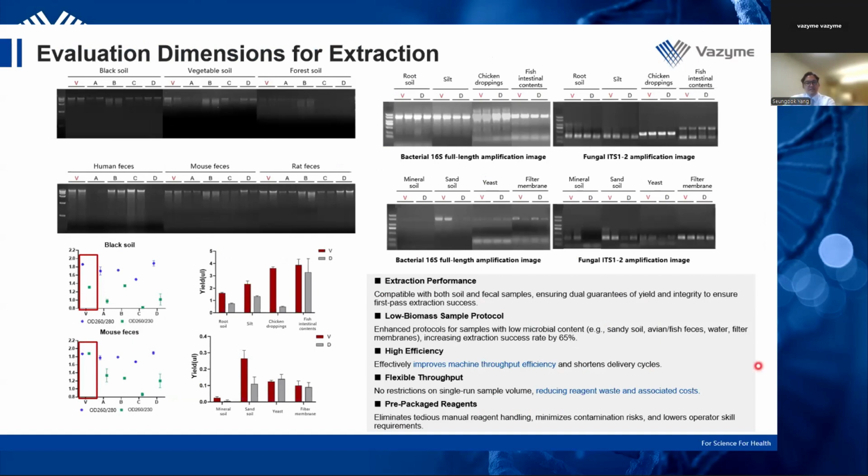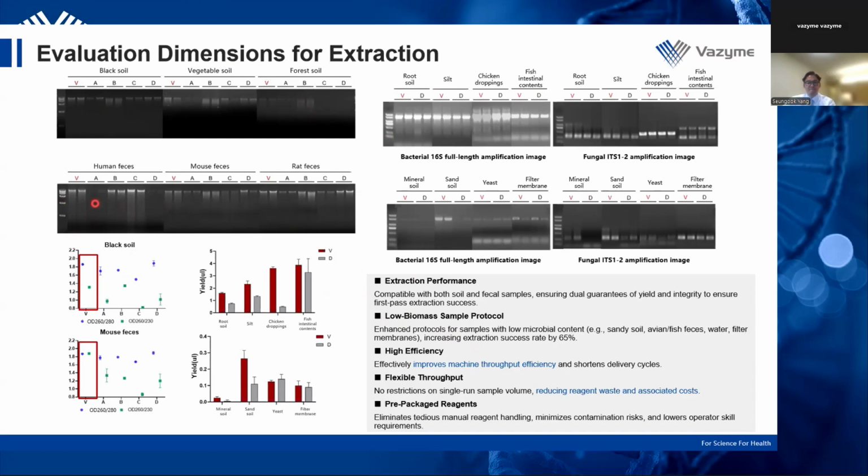These slides present a comprehensive evaluation of the DMA 5101 extraction performance across various challenging sample types, both soil and fecal and so on. At the top, you will see the gel electrophoresis result comparing the DNA extractions from different soils like vegetable and forest soils and so on.